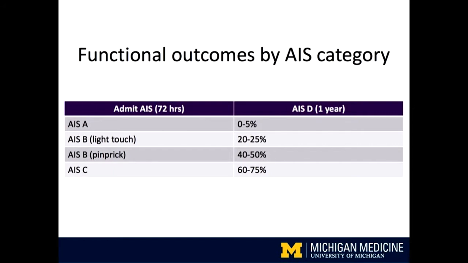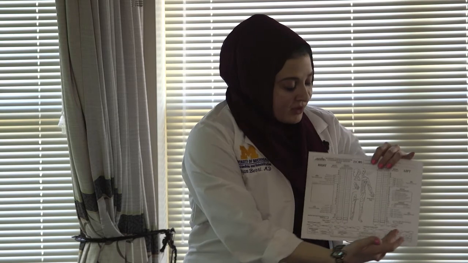Remember how I said it's important to understand pinprick dull discrimination because it gives you a prognosis? If you looked at the patient's ASIA exam and you saw that they had some pinprick dull discrimination in the sacral segments, that person has at least a 35% higher chance of ambulating than someone who just had light touch. Remember, because they're close to the motor tracks.